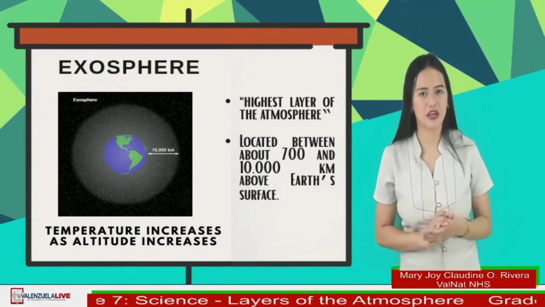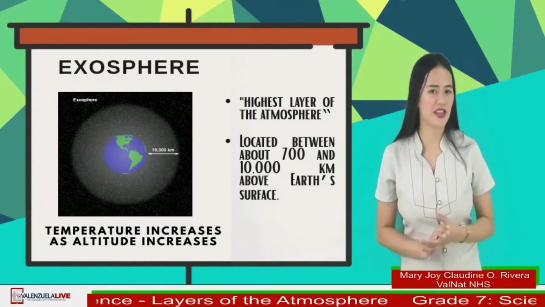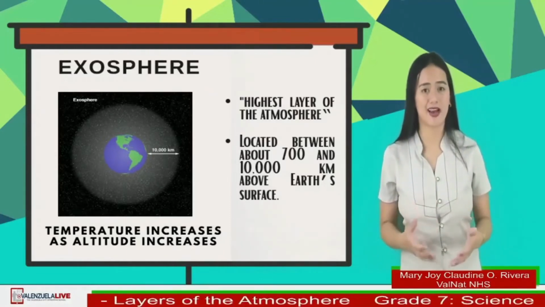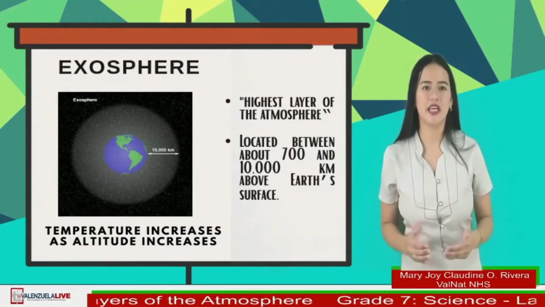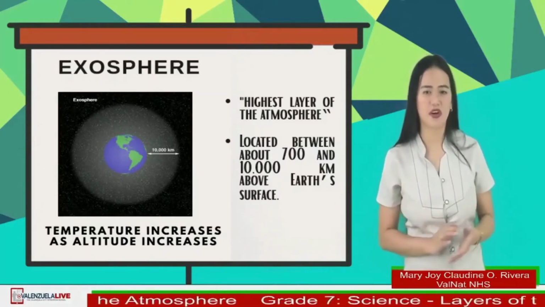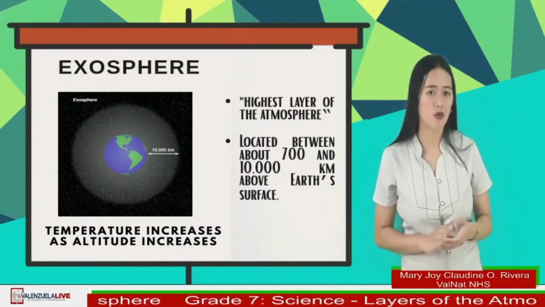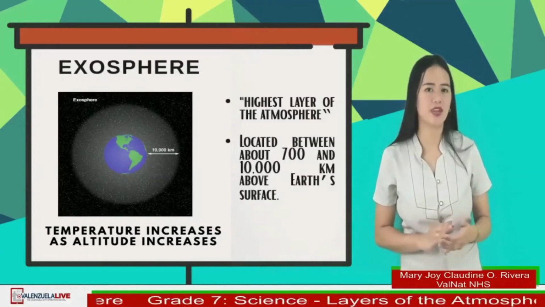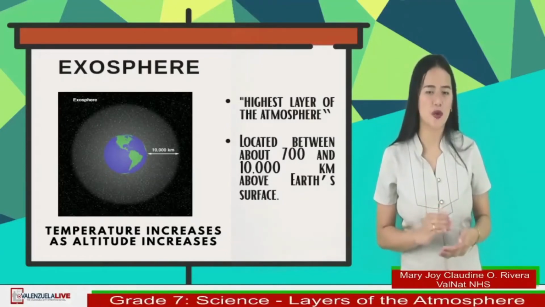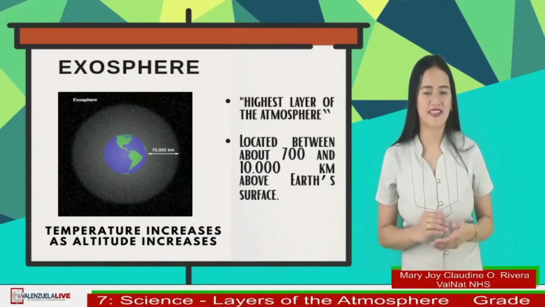Molecules found here are of extremely low density. So this layer doesn't behave like a gas, and particles here escape into space. While there's no weather at all in the exosphere, the aurora borealis and aurora australis are sometimes seen in its lowest part. Most Earth satellites orbit in the exosphere.